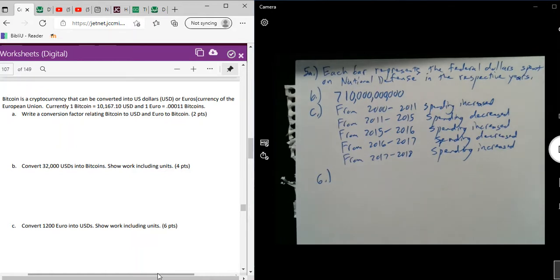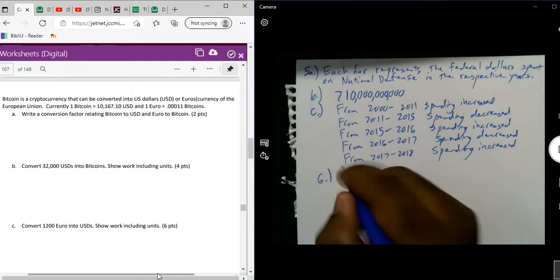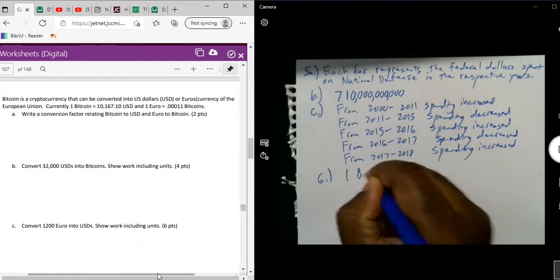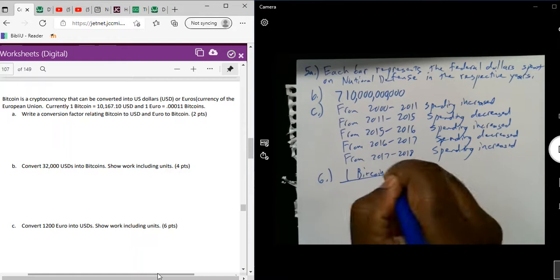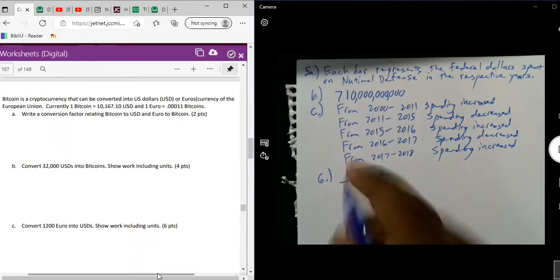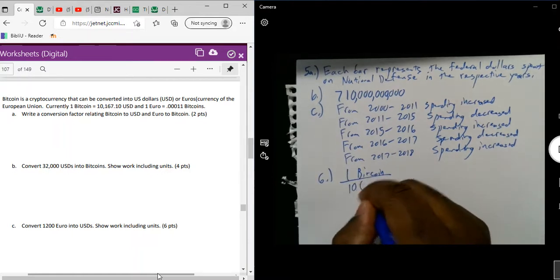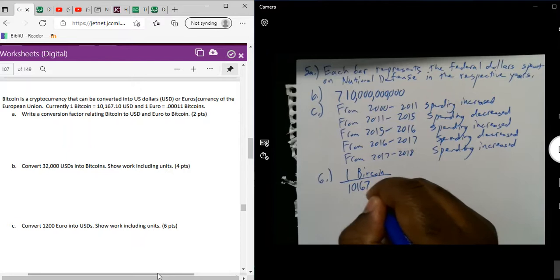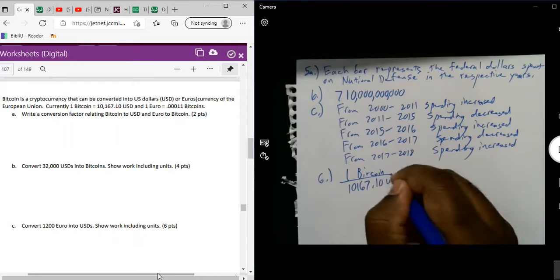Okay, so first of all, we want a conversion factor, Bitcoin to US dollars. Okay, so we could say 1 Bitcoin is equivalent to $10,167.10 United States dollars.